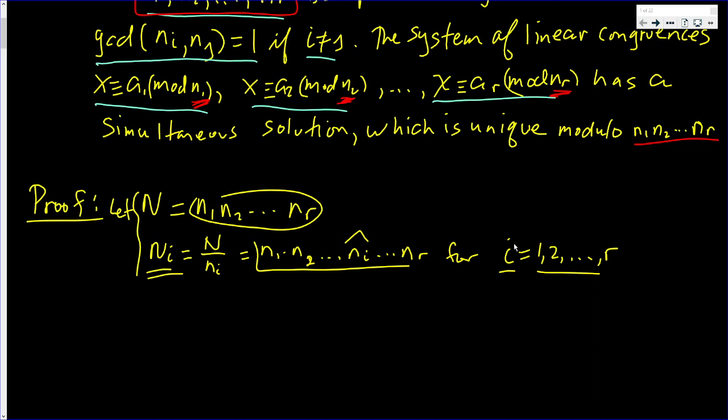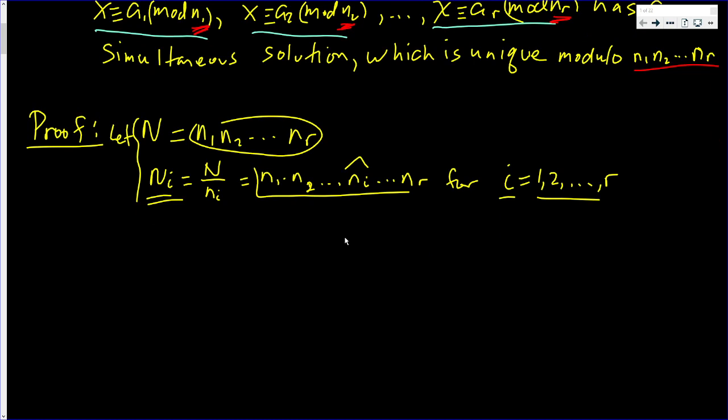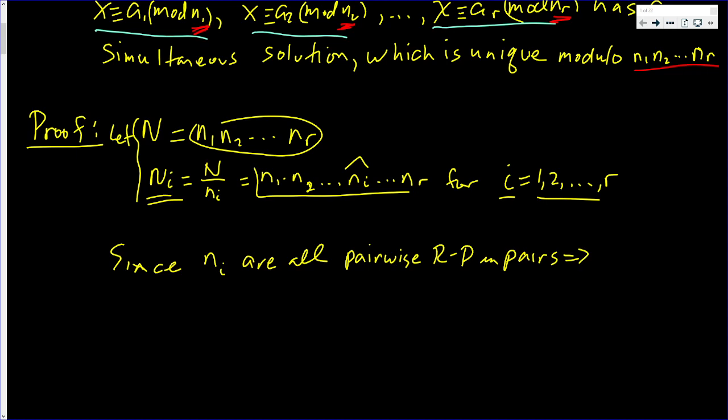Now, since the little n sub i's are all pairwise relatively prime, because any two of them have a GCD of 1, that implies that the GCD of capital N sub k and little n sub k is 1.